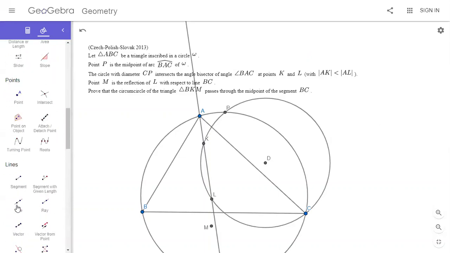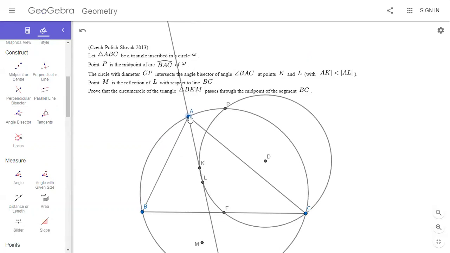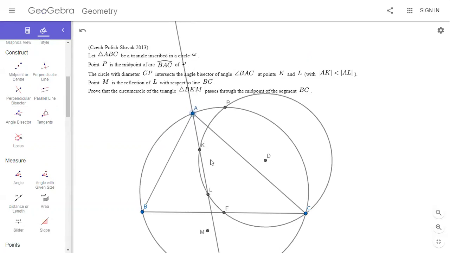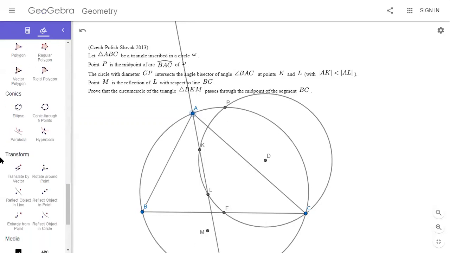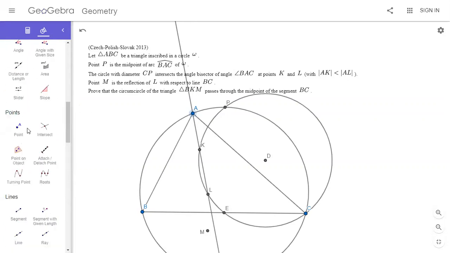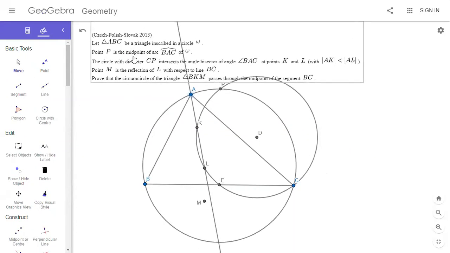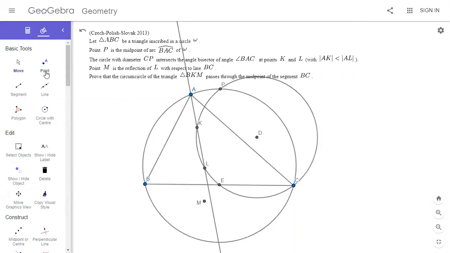So basically, if we draw the midpoint of BC, E, GeoGebra just gave away that KLEC is cyclic, but we want to show that BKEM is cyclic. The angle bisector is going to pass through the midpoint of this arc.